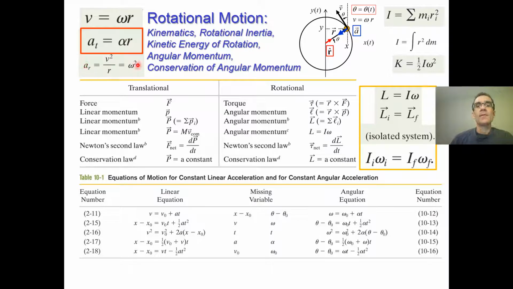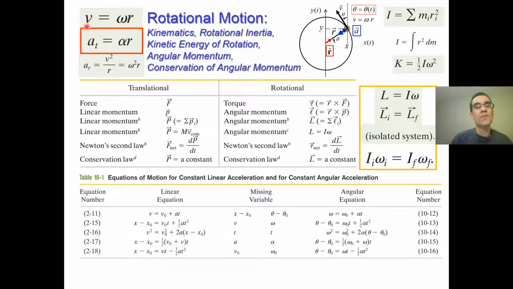And finally, here's something also important. Even though you always have a radial or centripetal component of the acceleration for something rotating, if the magnitude of the velocity increases or decreases, that's because there is a tangential acceleration. That tangential acceleration is related to the magnitude of the linear velocity by simply taking a derivative.